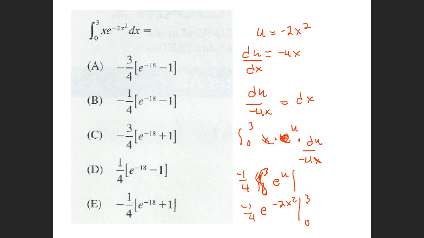If I put 3 in there, oh boy, that's 9, that's negative 18. So I end up with negative 1/4 e to the negative 18 minus, and then I'm going to put 0 in here. Negative 2 times 0 is 0. E to the 0 is 1. So that's negative 1/4.